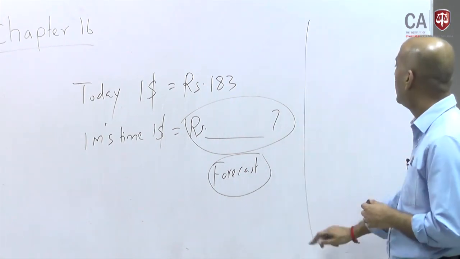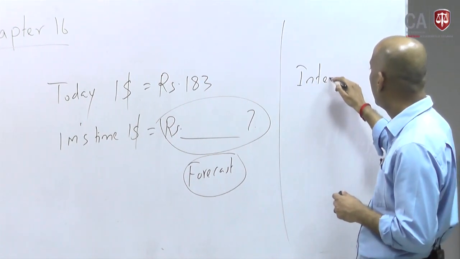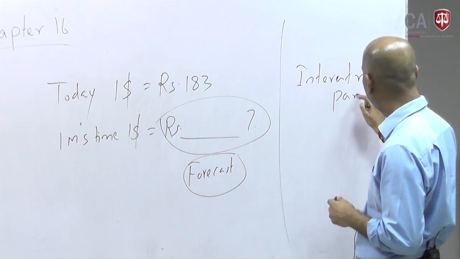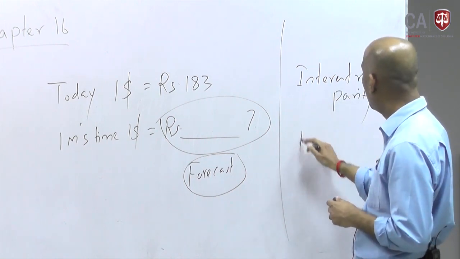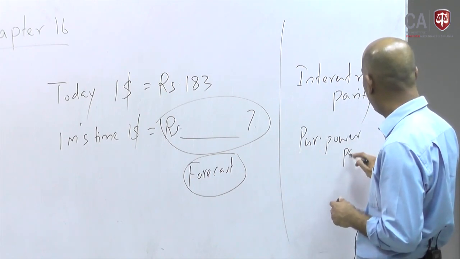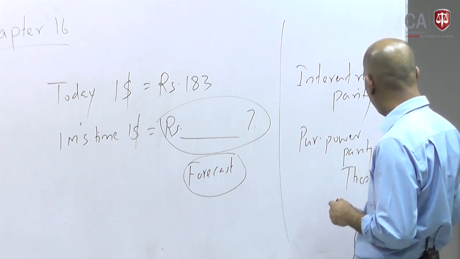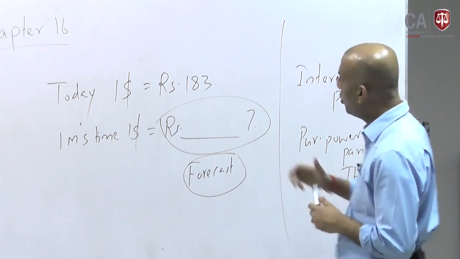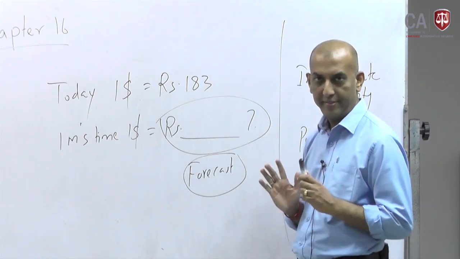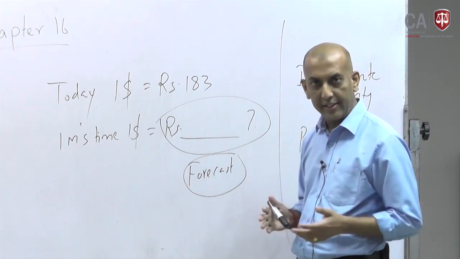So there are two theories mainly. One is interest rate parity theory. Other one is called purchasing power parity theory. Actually speaking, today's exchange rate and future exchange rate are different. Why they are different? There could be various reasons.